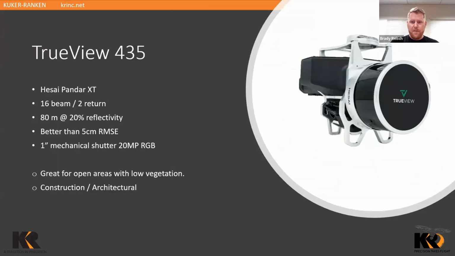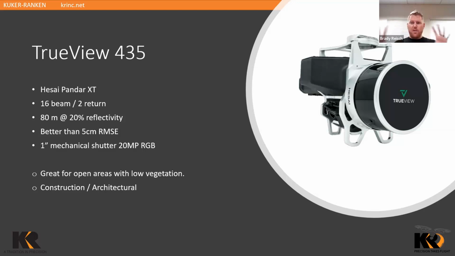So the first one we're going to be talking about is the TrueView 435 system. This is a Hesai Pandar XT sensor that is constantly going around, so that black lens cover on the front kind of goes around in a circle. There's an interior LiDAR that's scanning at all times. Now that scanning system uses 16 beams in order to scan, and we require 2 returns to create a point.